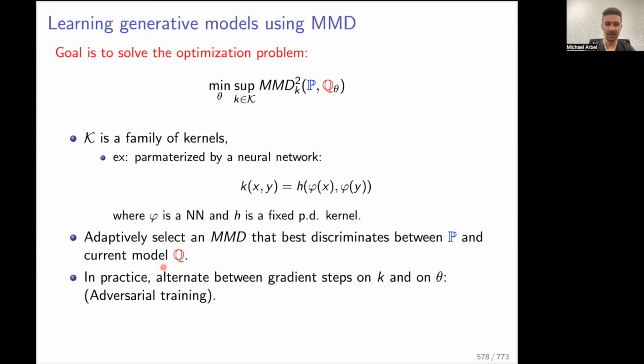And when this is done, then you can learn the model or perform an update to the model. So then what this does is that it adaptively selects an MMD that best discriminates between P and Q. And in practice, to solve this problem, you need to alternate between gradient steps on the parameters of the kernel and gradient steps on the parameters of the model. So it recovers this adversarial training framework.